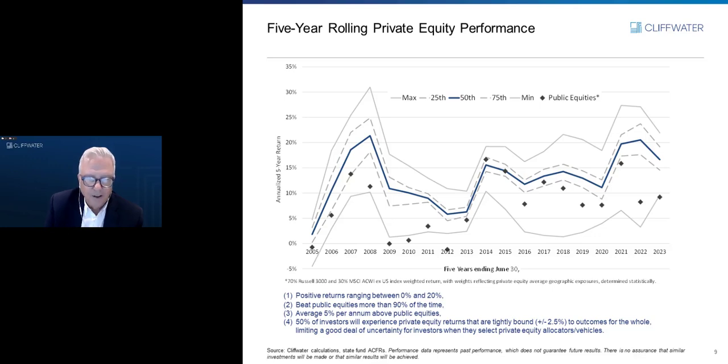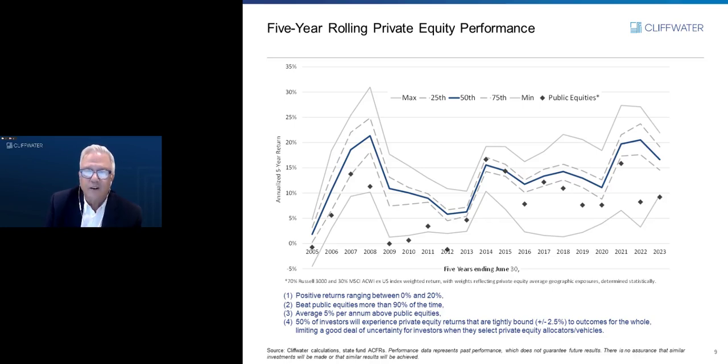The good news is that if you're an investor in private equity with a diversified portfolio, even if you're investing in one fund that is diversified across GPs or managers, you're going to be fairly close to the median, within 2.5% of that middle.